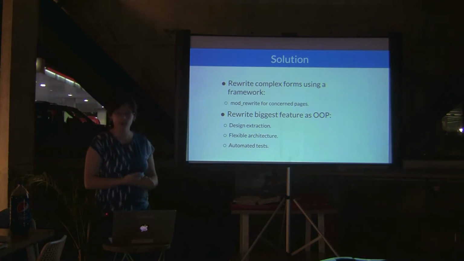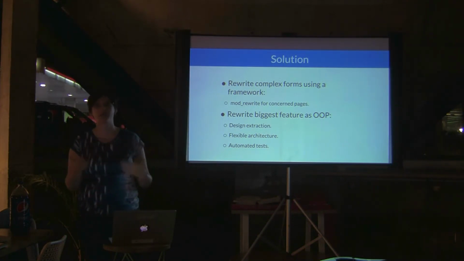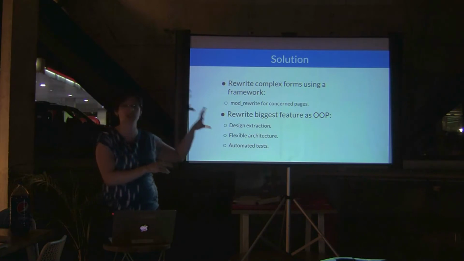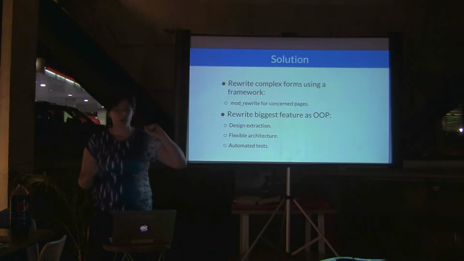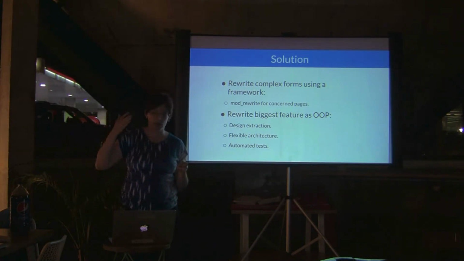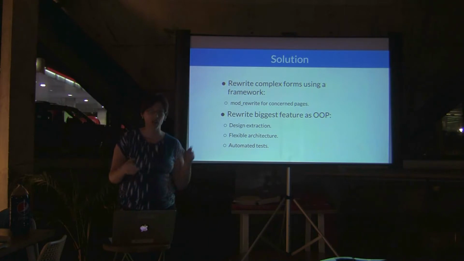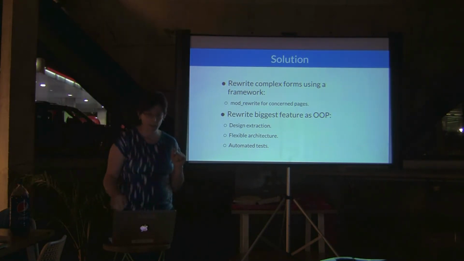So the solution for that specific project was a progressive rewrite. Even to this day, not all parts of this project have been rewritten. We rewrote some of the more complex multi-step forms to an MVC framework, and with mod rewrite just pointed to the correct URLs.